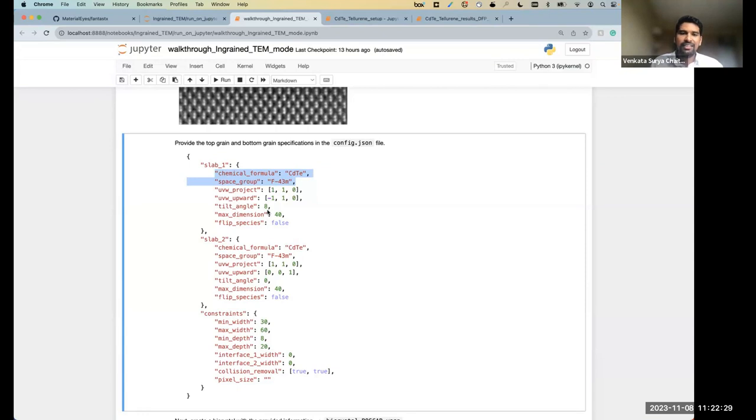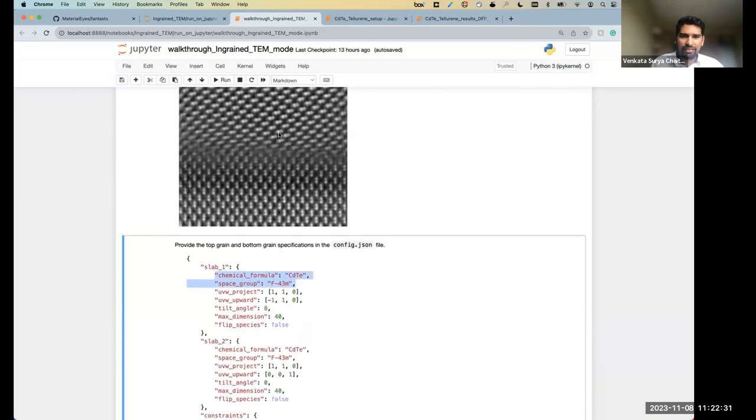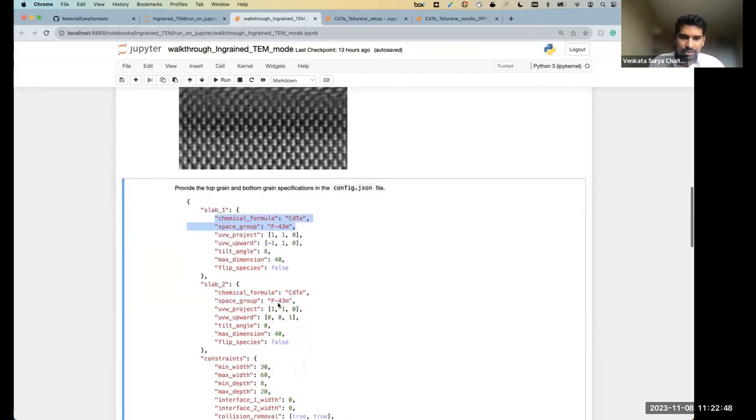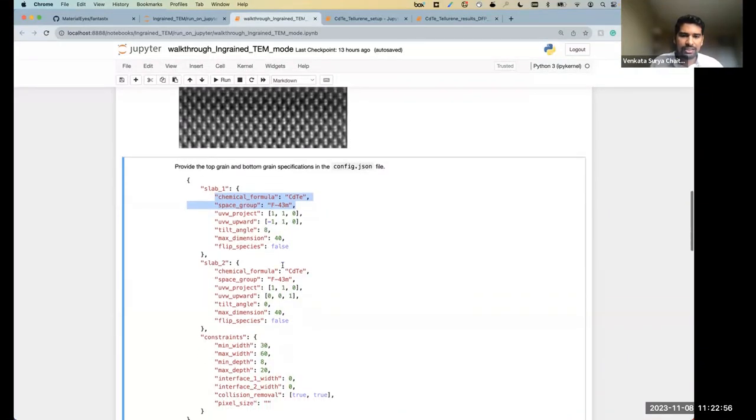Sometimes the grain is slightly tilted by 1, 5, or 10 degrees, which is still the same UVW upward and project, but slightly tilted. If it's too much, then we have to change the UVW upward. Again, this is somewhat trial and error, but we can find it easily.